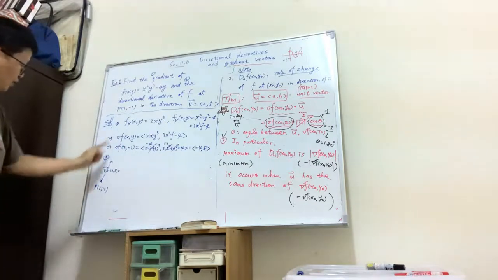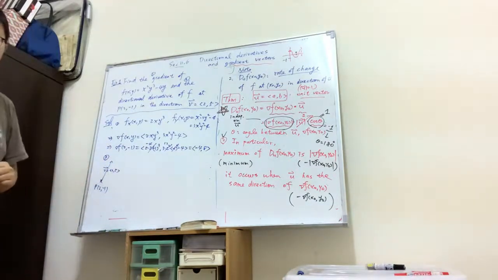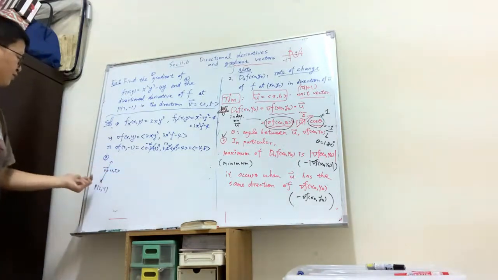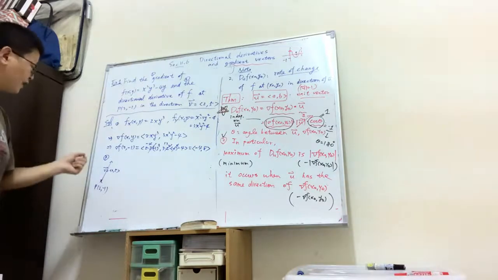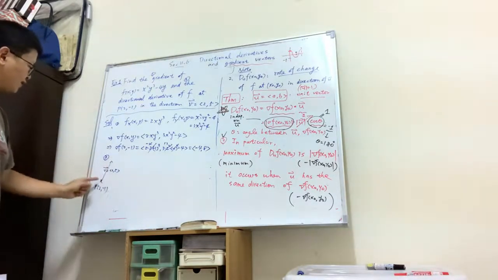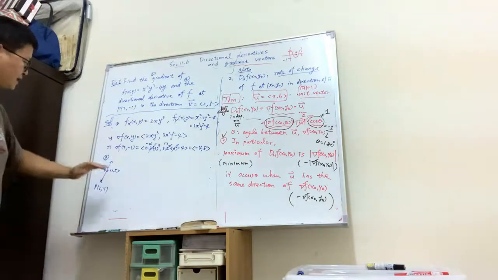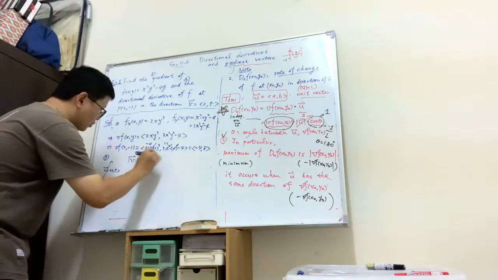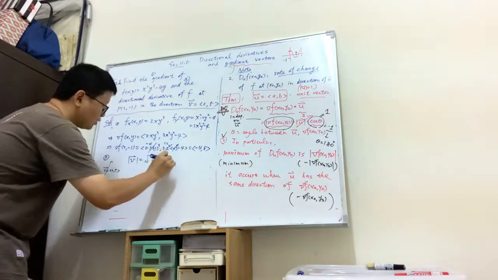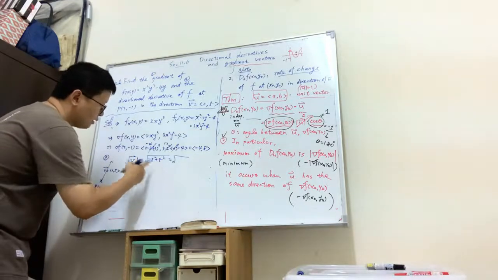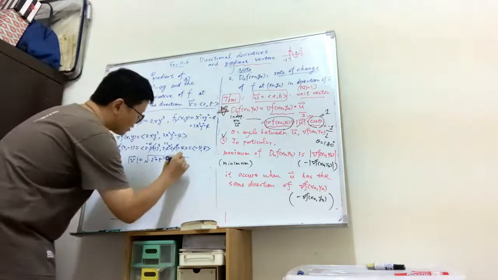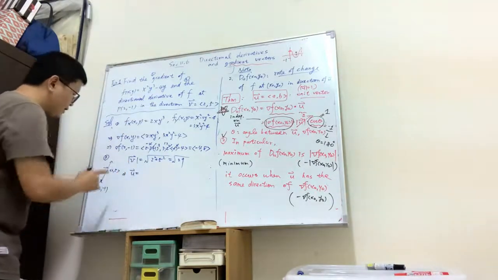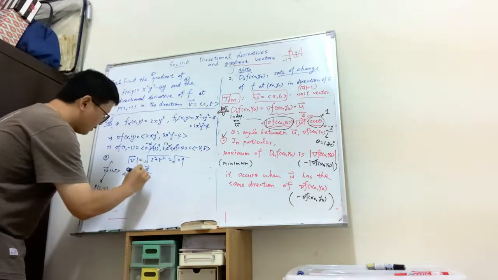It has the same direction, but this vector is not a unit vector. If we want to make a unit vector with the same direction as V, what can we do? Just divide by its length, right? Its length is the square root of 2 squared plus 5 squared, so the square root of 4 plus 25, which is 29.